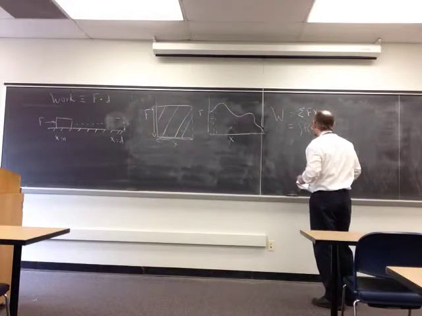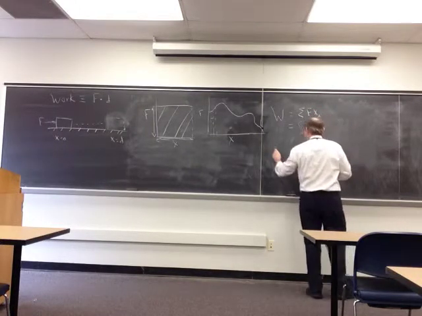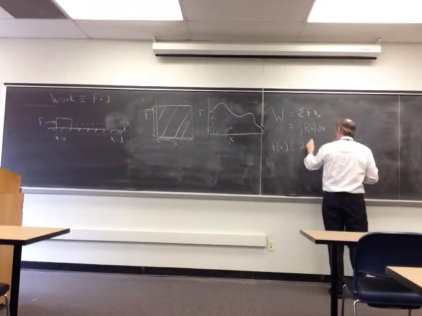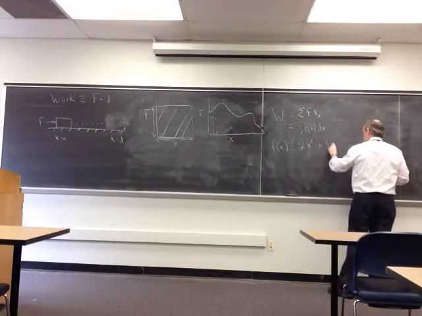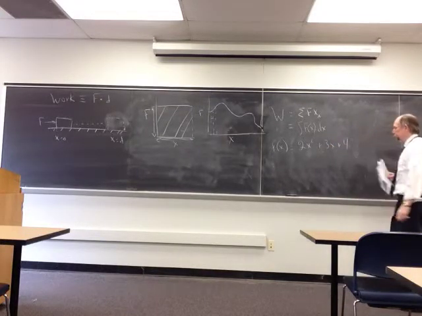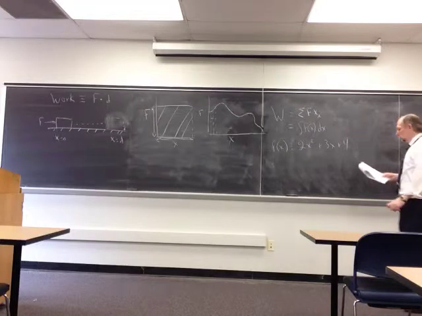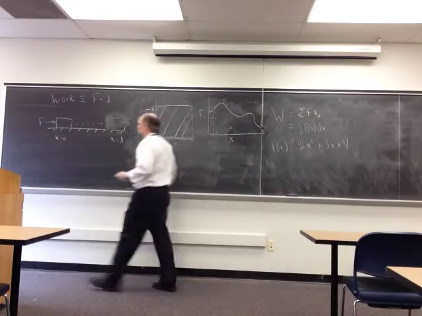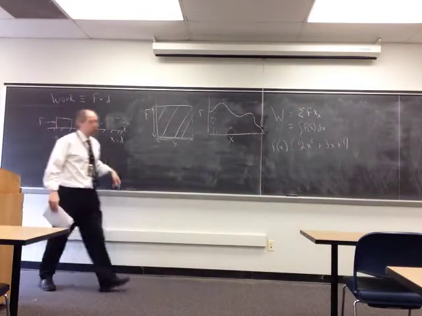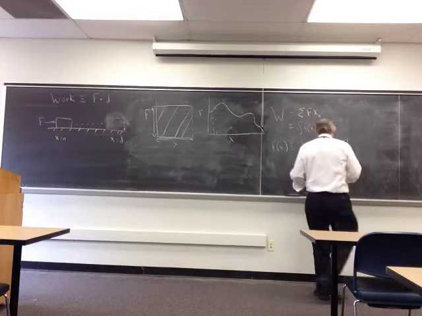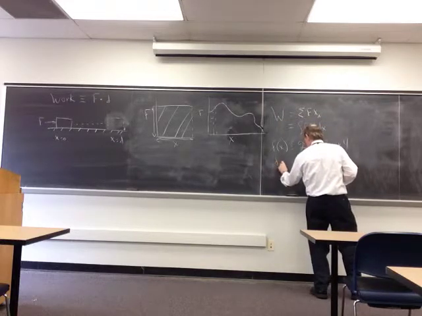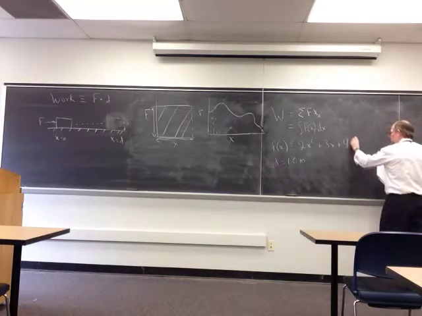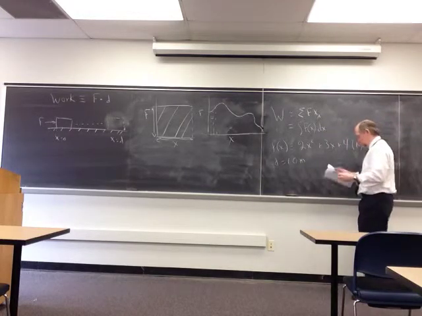All right. So let's say that f of x is equal to 2x squared plus 3x plus 4. And we want to find the work it takes if we apply that force to this block over a distance of 1 meter. So d is 1.0 meters, and this force has units of newtons.